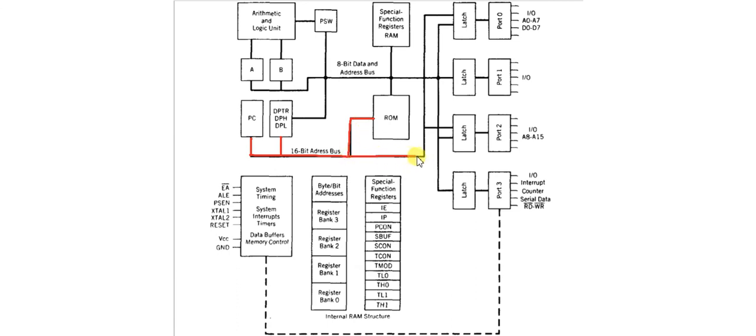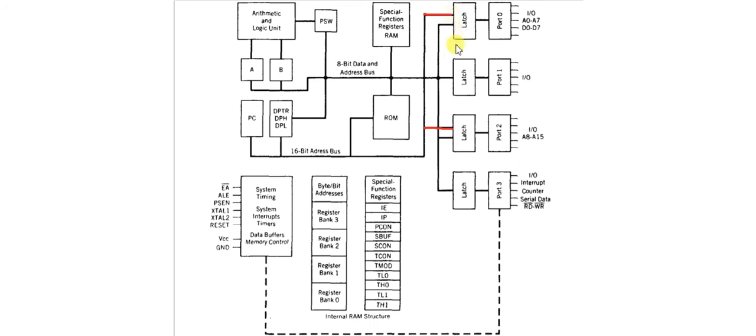You can see that this line goes to the latch, meaning port 2, and sorry, this line goes to port 0. That means this address bus has a connection only with port 2 and port 0. You can see, when I remove this annotation, that it is connected with port 2 and port 0.